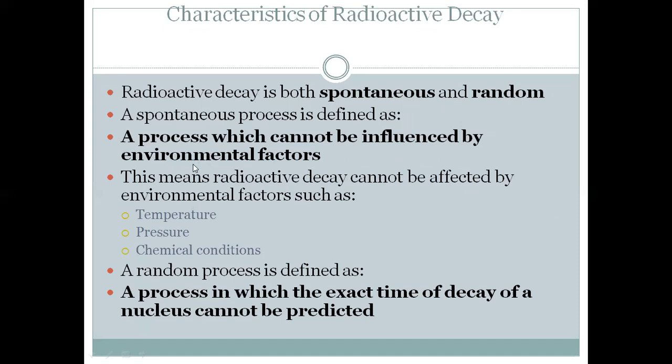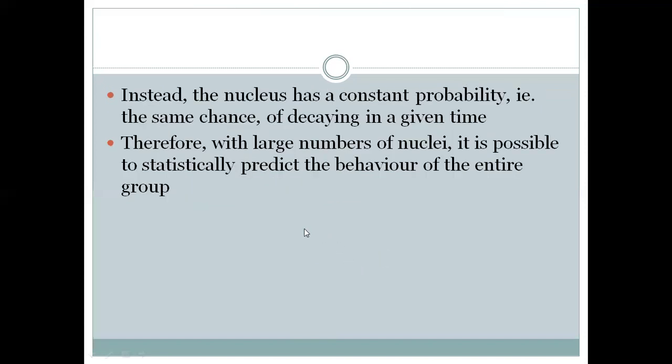Here the factors are written which will not change the rate of decay, that is, the number of nuclei decaying per unit time. A random process is defined as one where the exact time of decay of a nucleus cannot be predicted. In the same way, we cannot tell which atom will decay now.